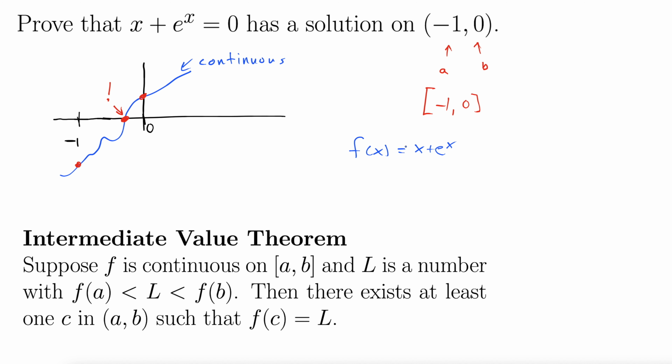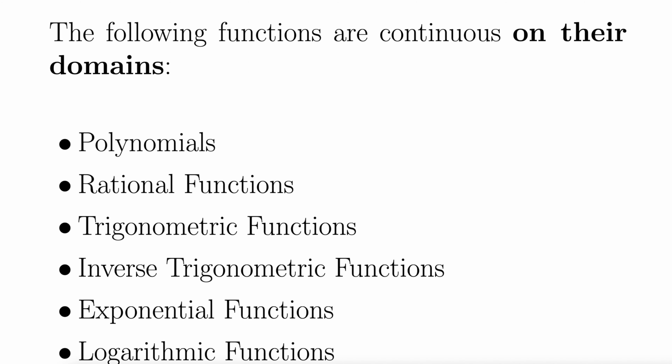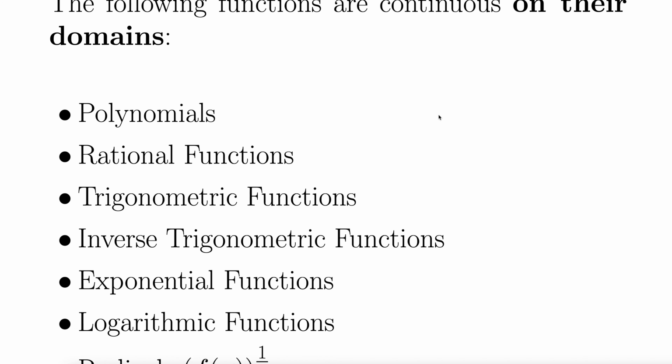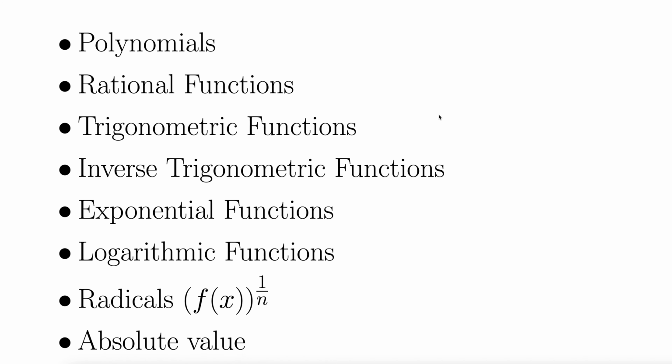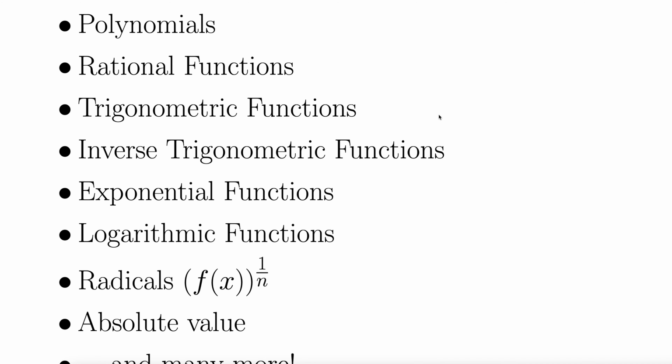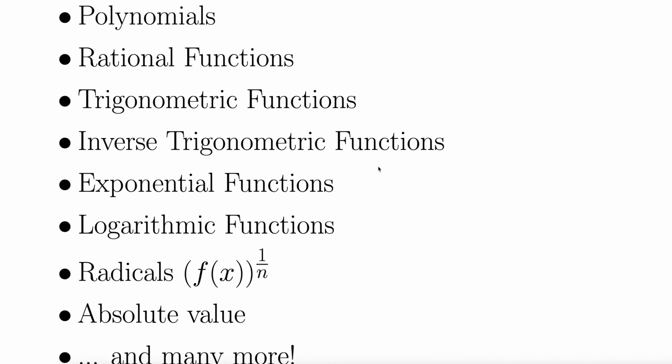Is it continuous? Well, we know that x is continuous. We could just use the continuity checklist on that. We also know that e to the x is continuous because that's on our list of continuous functions that we can always pull from. Remember, we have all these functions that we accept are continuous. Some of these can be easily proven. Some of them are a little more challenging to prove, but look, polynomials, rational functions, trigonometric, inverse trigonometric, exponentials, that's where we are here.